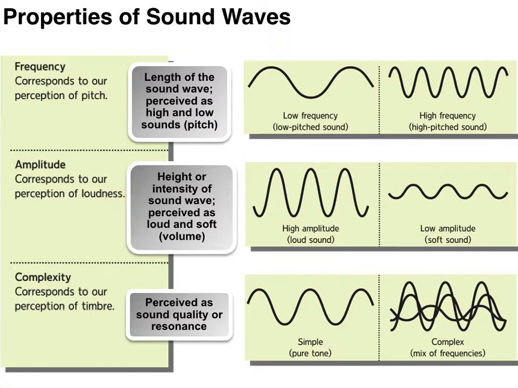Here's an example. You could hear there was a lot more going on there than there was with that simple pure tone. And again, that's what we're going to talk about in terms of timbre.